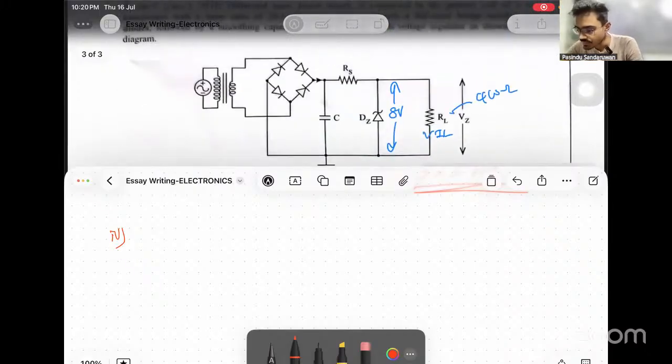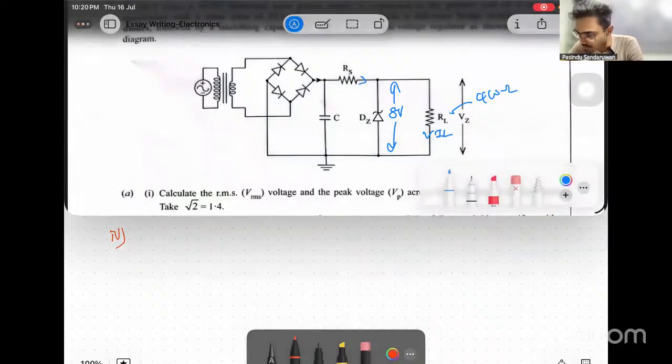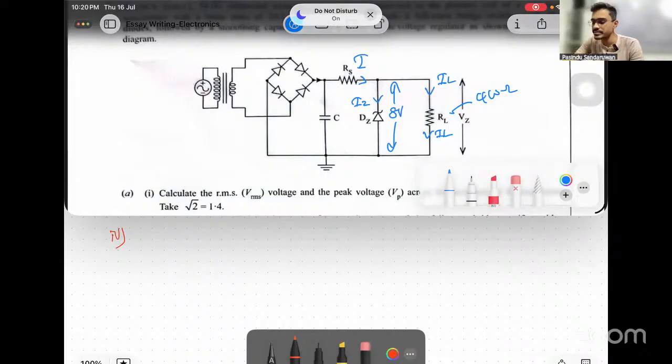Now Rs is here. If the incoming current is I, one part goes through the load, IL, and another part flows through the Zener diode, IZ. Then I equals IZ plus IL, by Kirchhoff's laws.